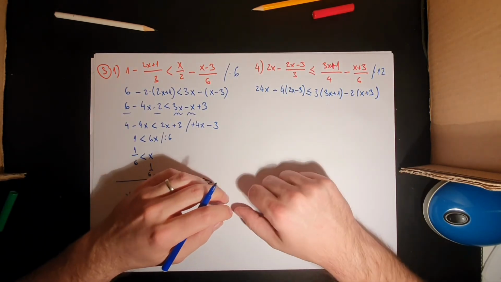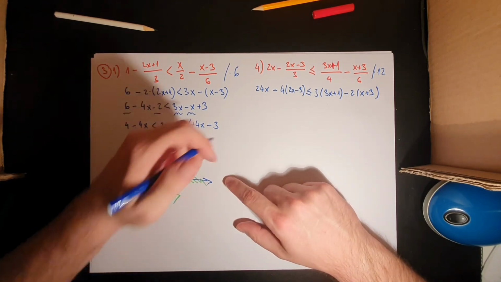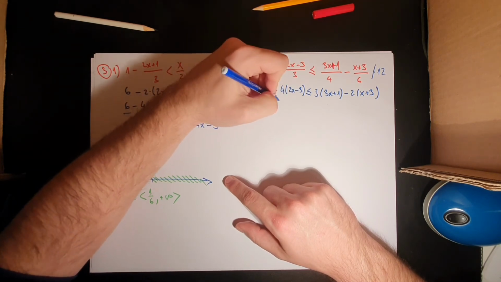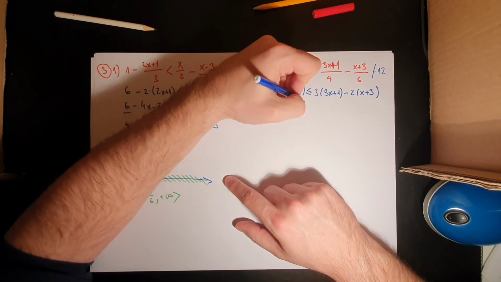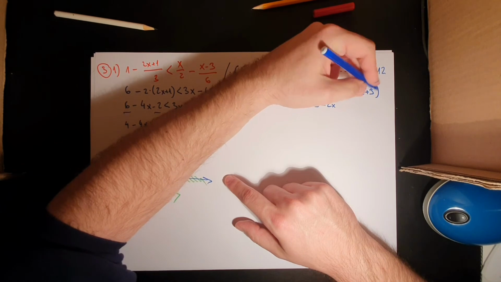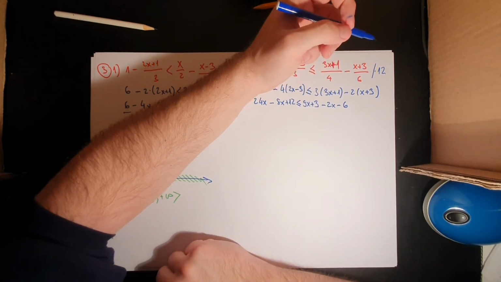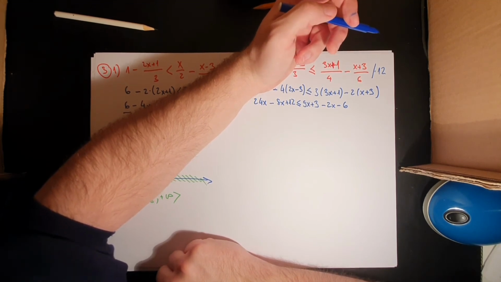Okay. Now, again, let's get rid of the brackets by multiplying everything. So 24x minus 8x plus 12 is less or equal to 9x plus 3 minus 2x and minus 6. Watch out for the minus before the bracket and what it does to the numbers inside of the bracket.